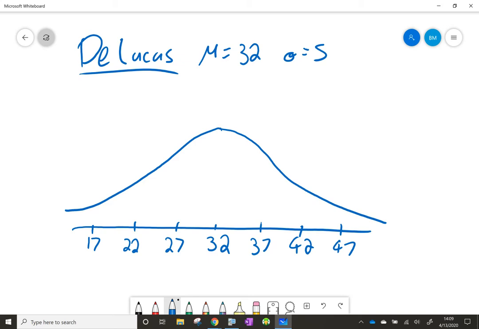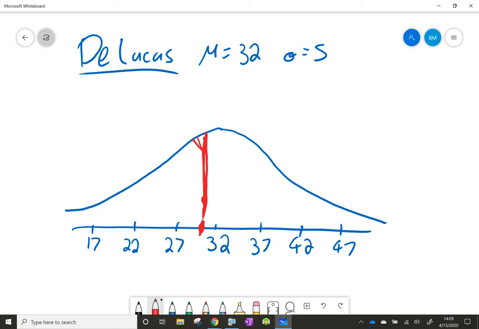Now, we want to know the probability that his pizza will be delivered within 30 minutes. So 30, roughly based on our number line, would be about here. Let me put this in red so it stands out. This is where 30 would be.